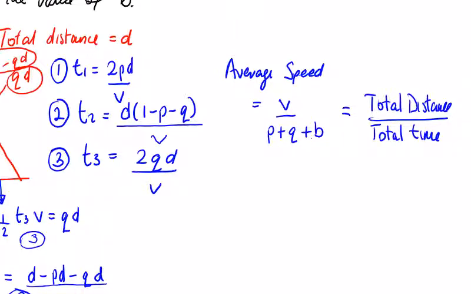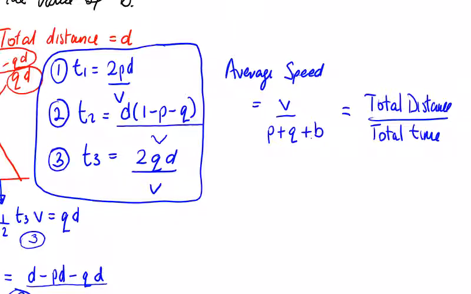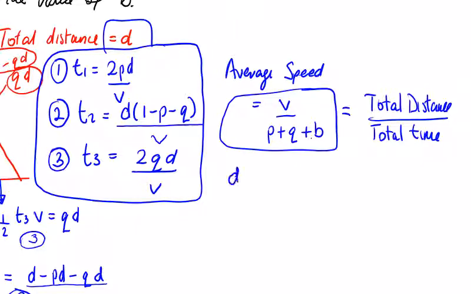So we could write total distance over time. We have the time now, these 3 things added together. T1, T2 and T3 is the total time, so we're going to have to sub that in. And the total distance we were given is d up above here. So this guy will have to be equal to d over T1 plus T2 plus T3. And that's where b is going to come in here, p plus q plus b.